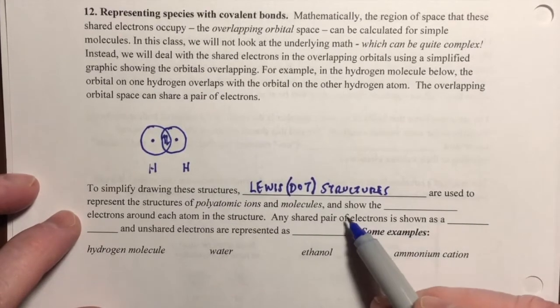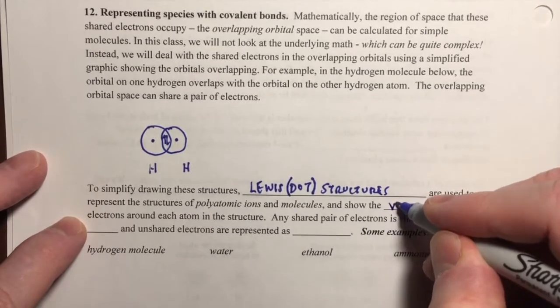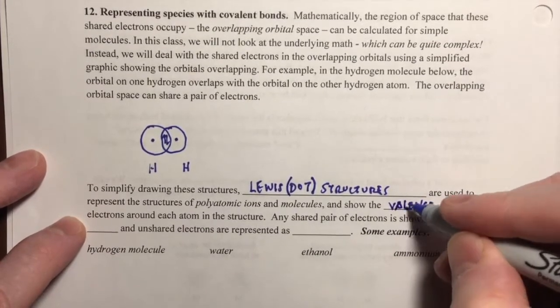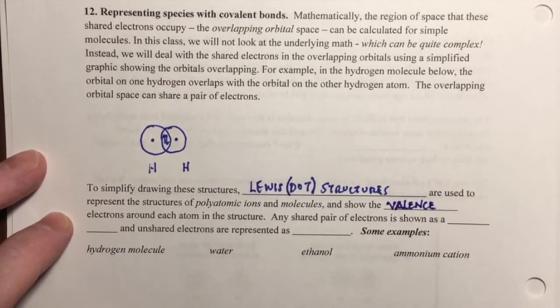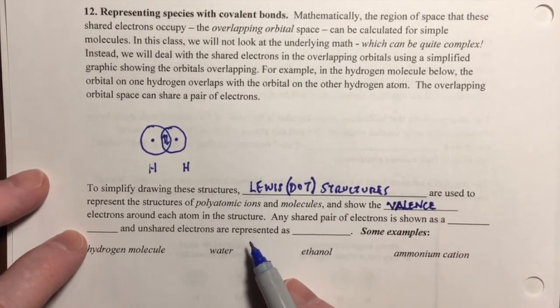These Lewis structures show the valence electrons, because bonding always happens with our valence electrons, our outermost or highest energy electrons, around each atom in the structure.